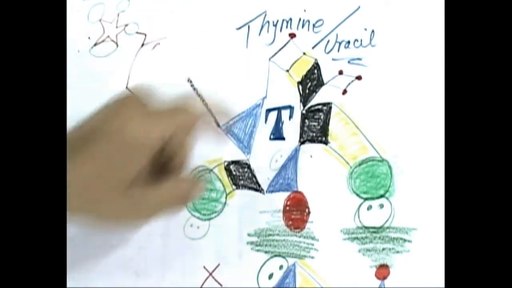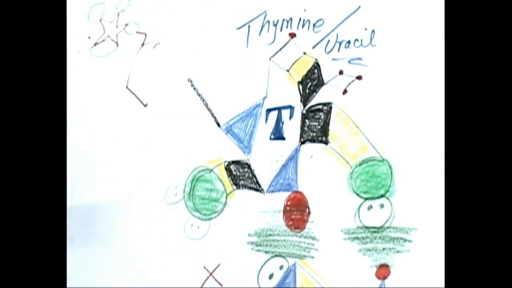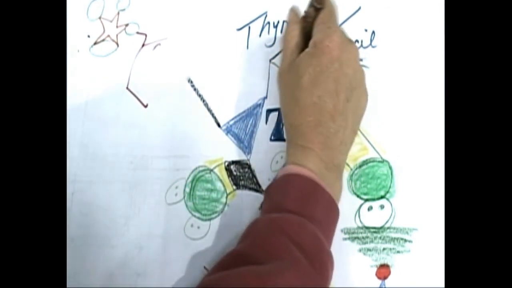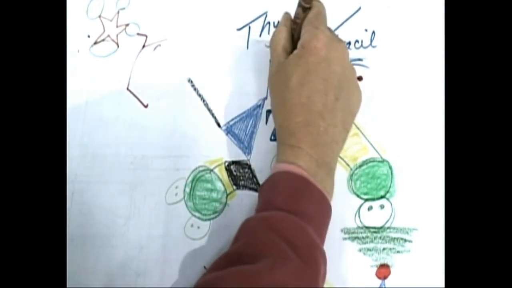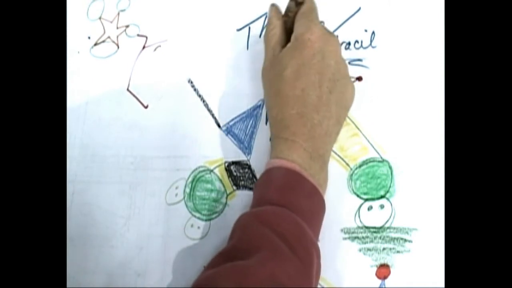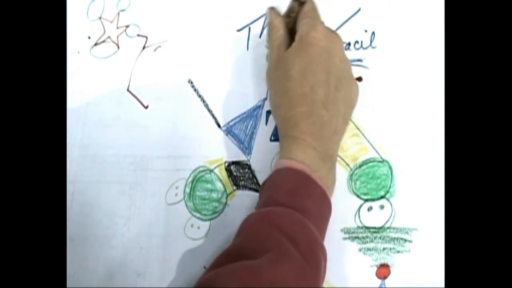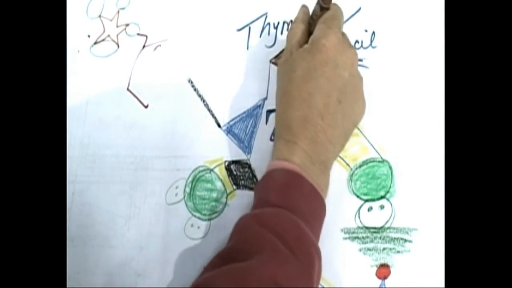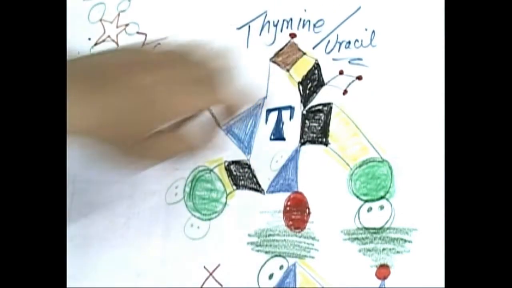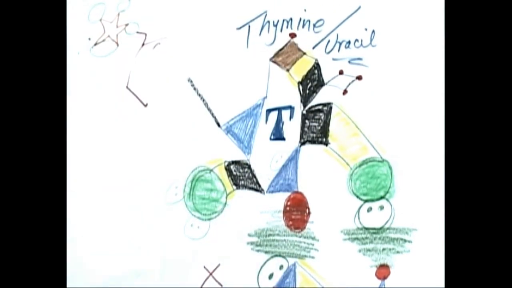We'll do one gets brown. One H on the carbon gets brown. Methane gets the purple.